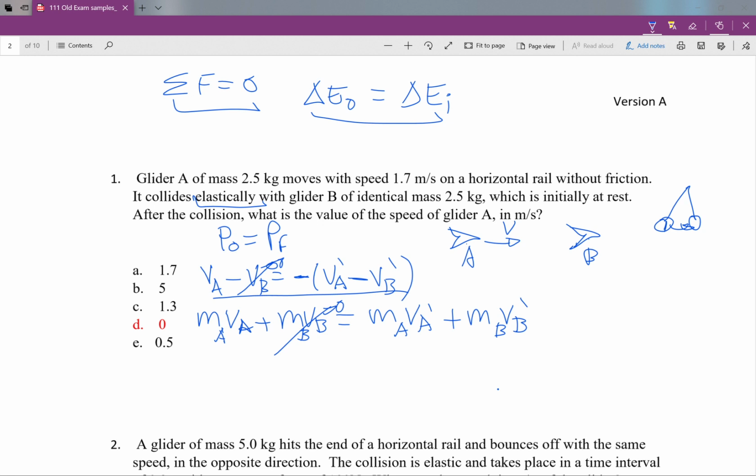Now, once we have these two equations, what we want to do is find VA prime, the speed of glider A. But if you take a look at the momentum equation, the one with mass, we have VA, which is known, and VA prime, which is the one we want to find, but we don't have VB prime.